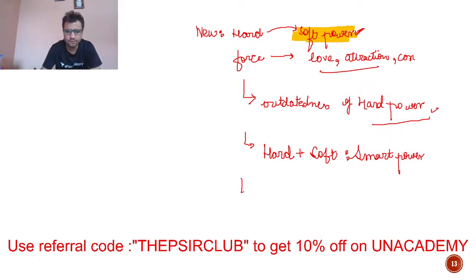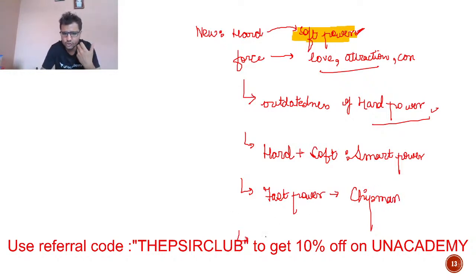Similarly, we have another form of power which is the ability to adapt, the ability to become very agile and change according to the situation. That is called fast power. This concept was given by John Chipman. Similarly, we have a new form of power called sharp power. That is the power of propaganda, the power of influencing through media, through internet.